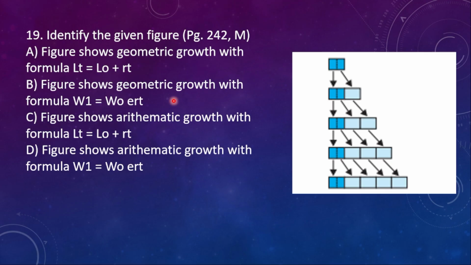So like that, this one is wrong. And then B, figure shows geometric growth with formula Wt equals W0 e^rt. This is not the geometric one. C, figure shows arithmetic growth with the formula Lt equals L0 plus rt. So here the right option is option C. If the figure is like this, this is representing arithmetic growth.